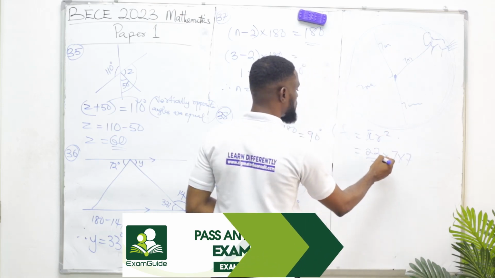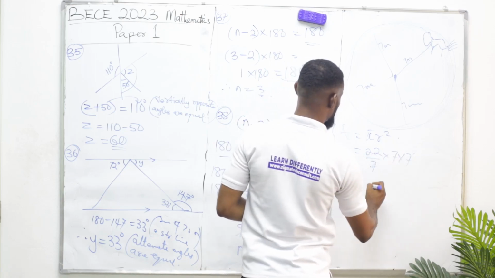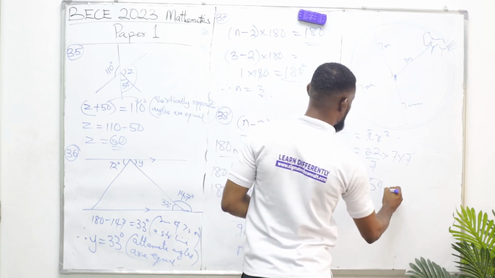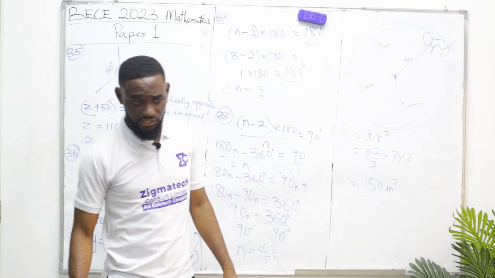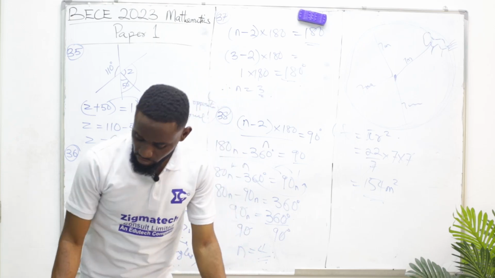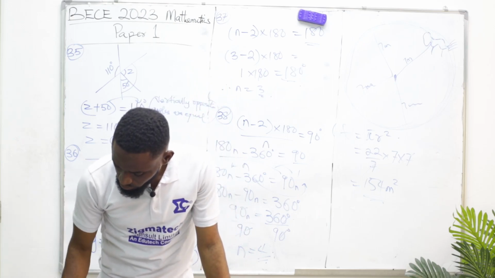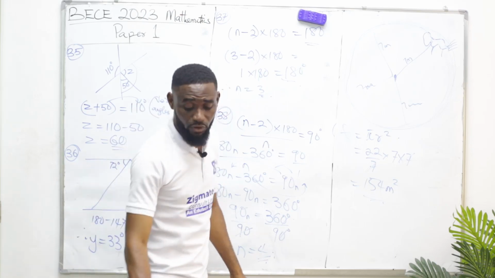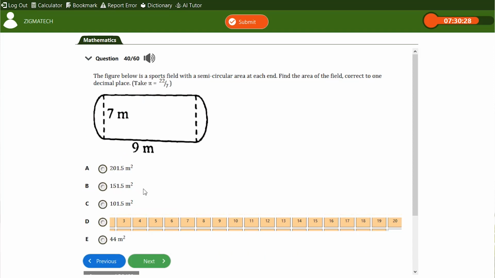So this 7 cancels, and 22 times 7 gives us 154 meter square. I think that is 154. Yes, 22 times 7 is equal to 154 meter square. So the correct option there is option A, 154 meter square.